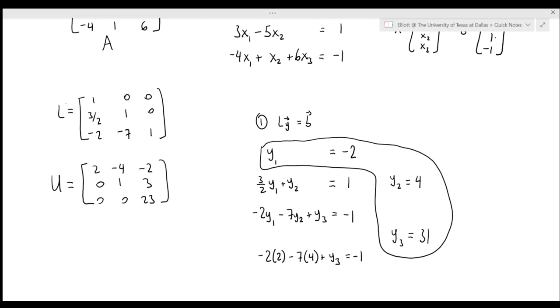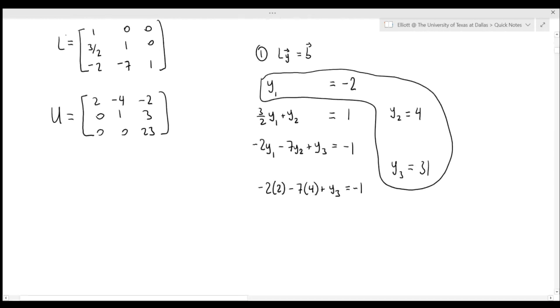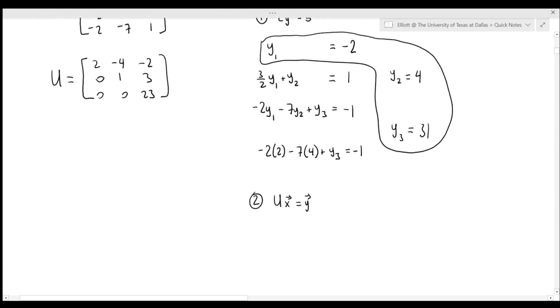Okay. So now that we have y1, y2, and y3, we'll go back to the second step, which was solving the equation Ux = y for x. So we have y to give us the right-hand side, and then here's U to give us the left-hand side. Writing this out as a system of equations, the first row of U gives us 2x1 - 4x2 - 2x3 = y1, which was -2.